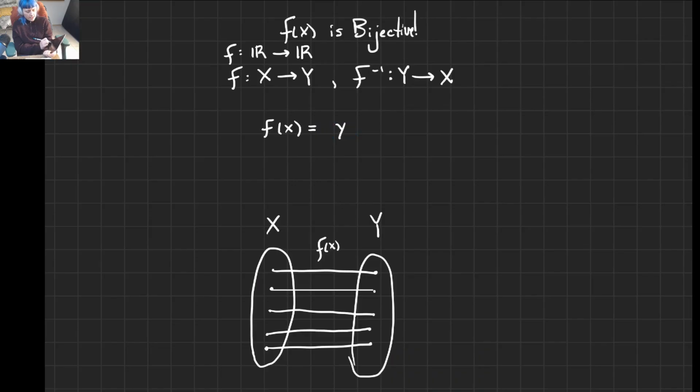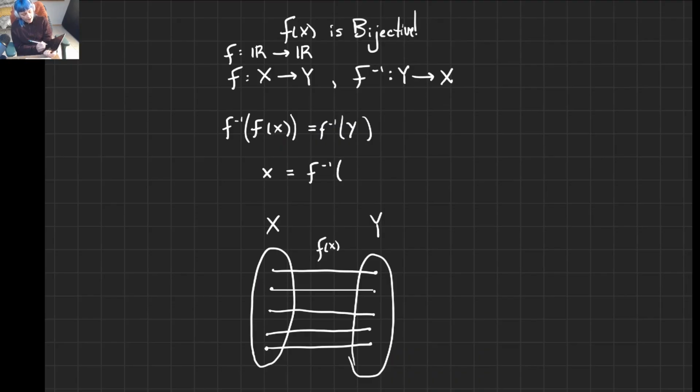So then if you take the inverse of both sides of this function, then you see that the inverse of the function is going to give you x, and that's what it would look like.